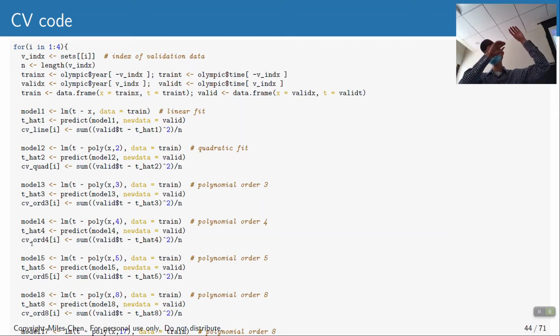I'm keeping track of all of these mean squared errors, and I'm going to get a total of 4 different mean squared errors for each model type. After I run this through all 4 validation sets, there will be 4 values in cross-validation for the linear, 4 values for the quadratic, 4 values for the 3rd order, and so on. And then we'll take the average of each of these.